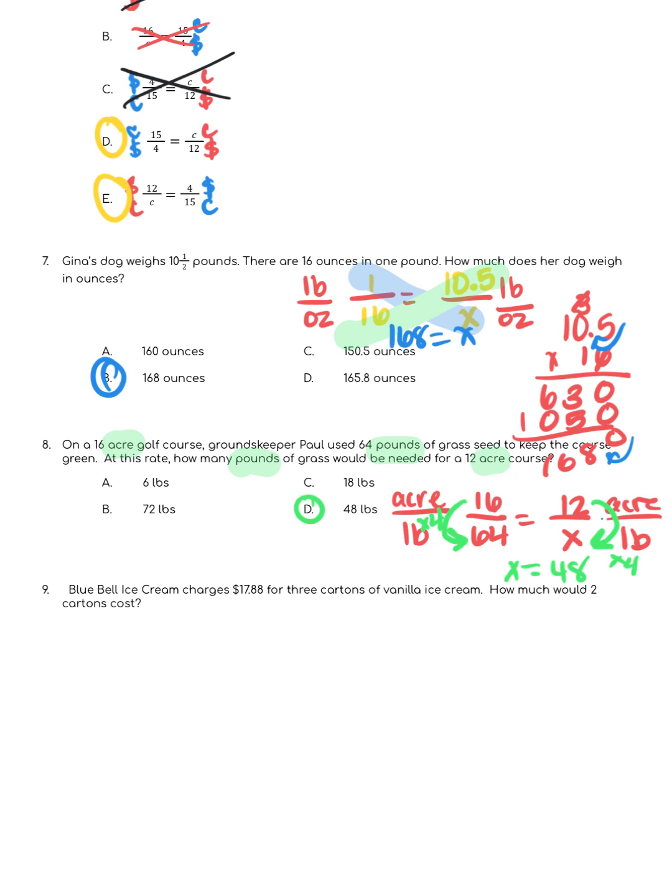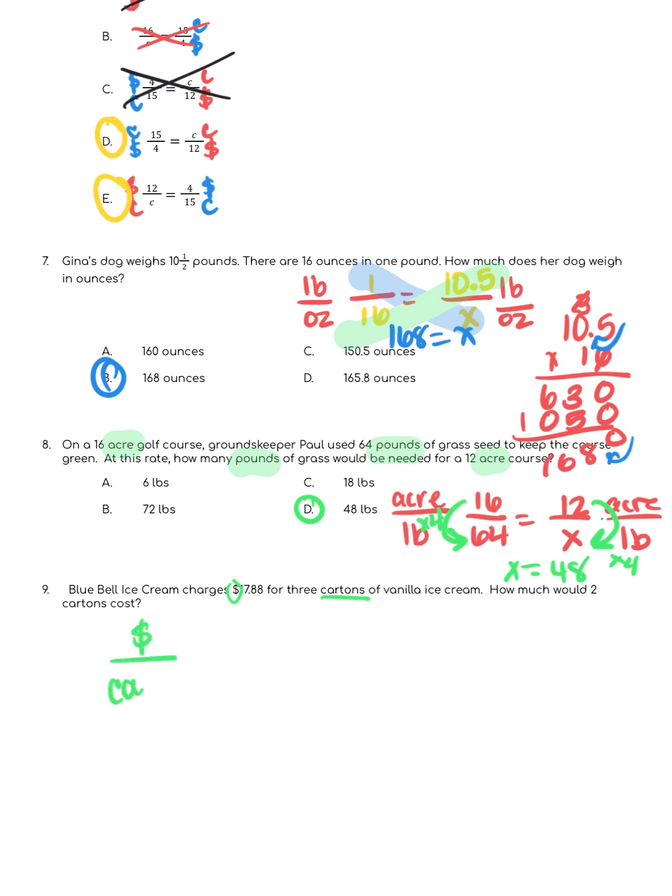Okay, this next question, I'm not going to solve it, but I'm going to help set it up. Bluebell Ice Cream charges $17.88 for 3 cartons of vanilla ice cream. How much would 2 cartons cost? If I was going to set this up with a proportion, I'm talking about money and cartons.